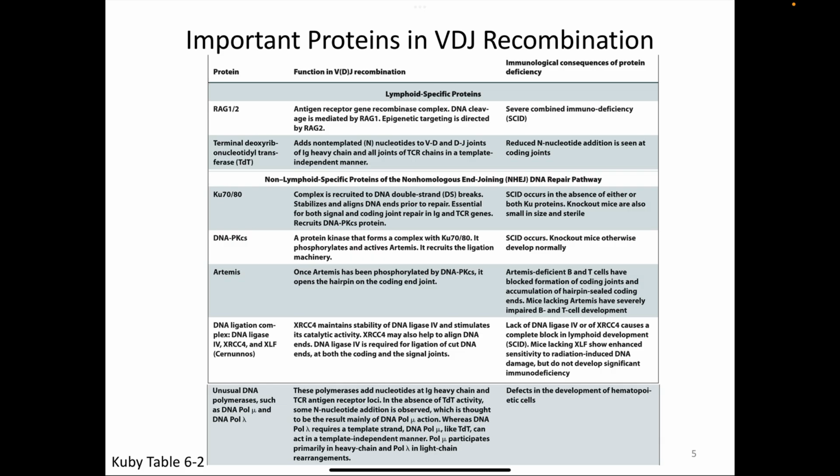These are some of the proteins that I mentioned are involved in VDJ recombination. I'm specifically going to be calling out RAG1, RAG2, TDT, and Artemis. And most everything else involved here, I will just talk about as like the polymerase, the ligase, things like that.